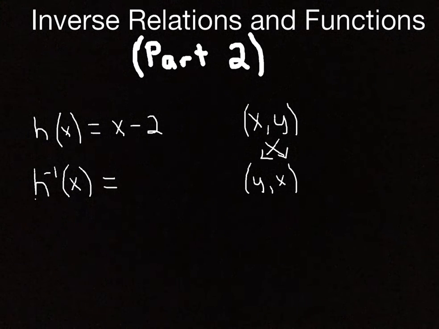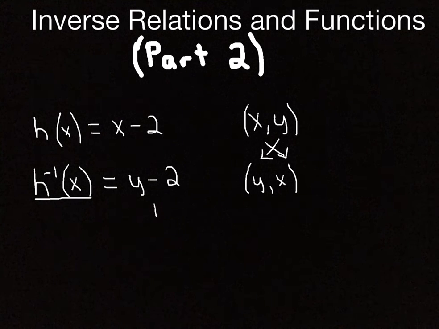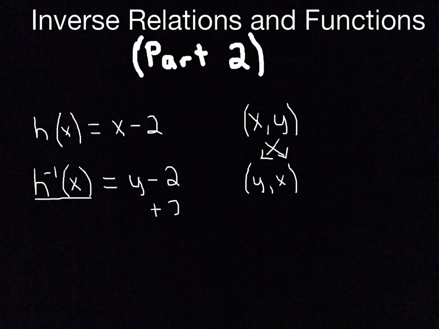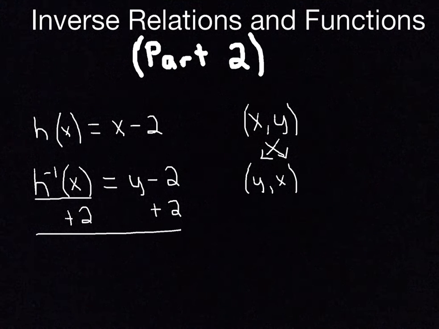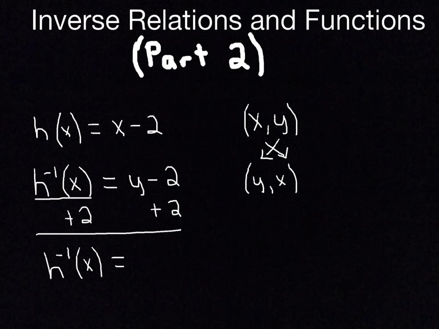So what we do here is we say, switch your x and y's. Think of this right here as the y. Y equals x minus 2. So we're going to say this is x equals y minus 2. Now we want to solve for y. So it's going to be pretty easy here. We're just going to add 2 to both sides.